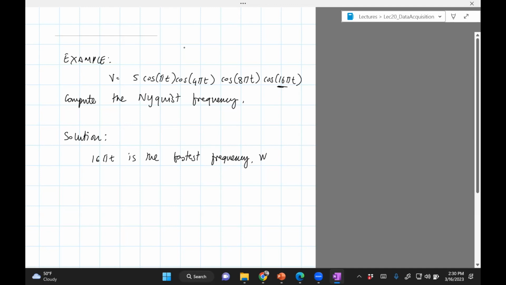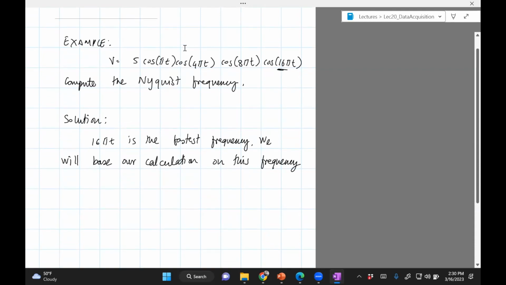So we will base our calculation on this frequency.